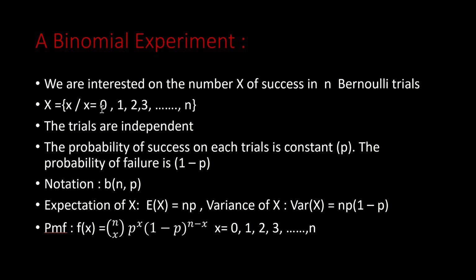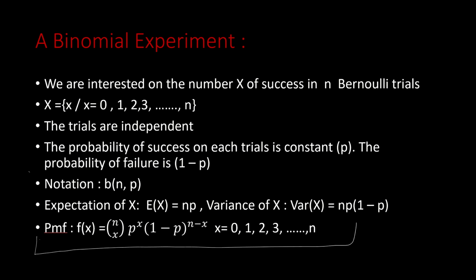So that's how it is defined, and the probability mass function of a binomial experiment is defined this way. And where p is the probability of success, the variance is np times 1 minus p, and the expectation, which is the mean, is np, right?